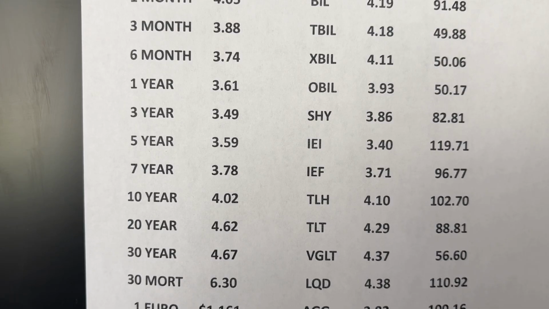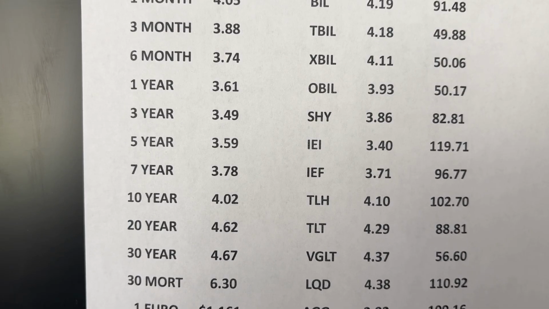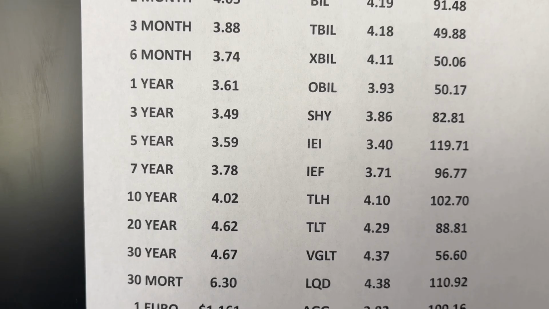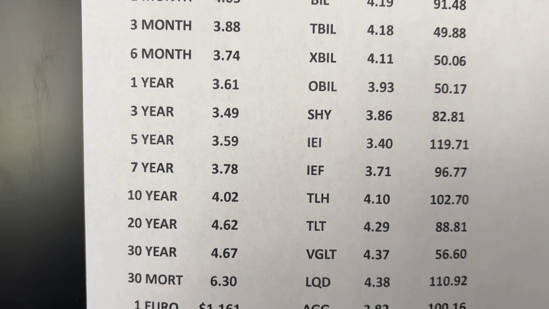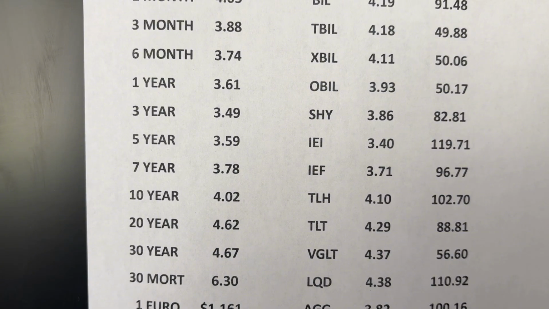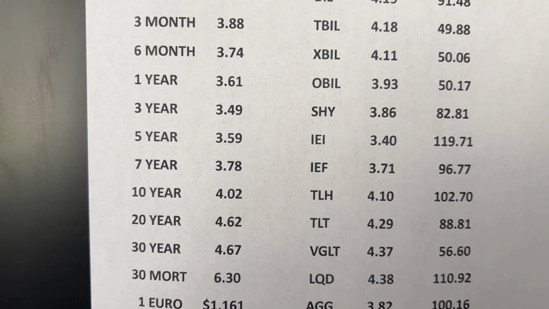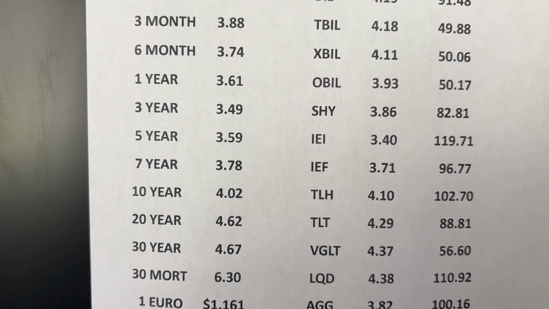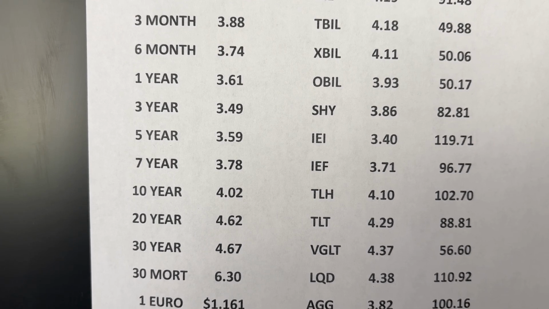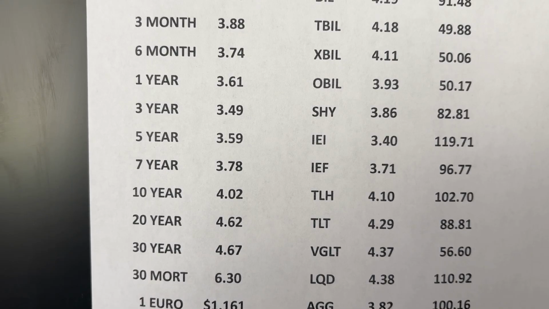The $102.70 will increase in price, as will the price of all the ETFs. If the Fed is successful in lowering rates, we will see changes in the yields, and we will see opposite changes in the price. Now, bear in mind, sometimes we can see a different reaction in the short term, say a few months or a few years, to the long term, the 10, 20, 30 year.